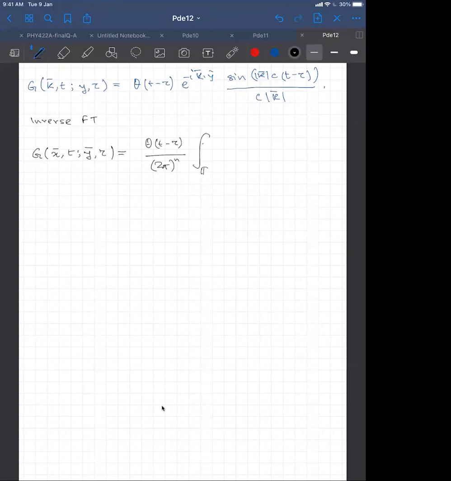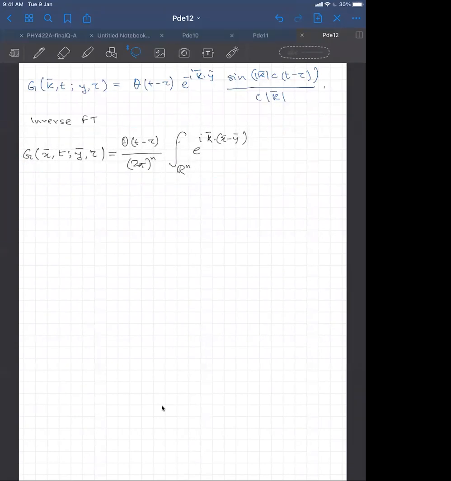Doing it in n dimensions, so integral over R n, e to the i k dot (x minus y), sine of k c (t minus tau) by c mod k, d n k. So we need to do the inverse Fourier transform.